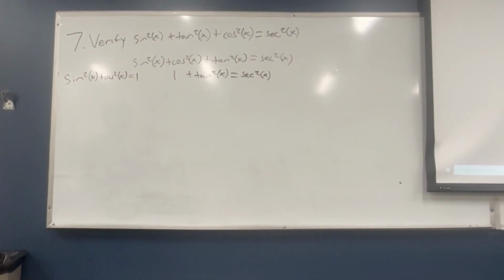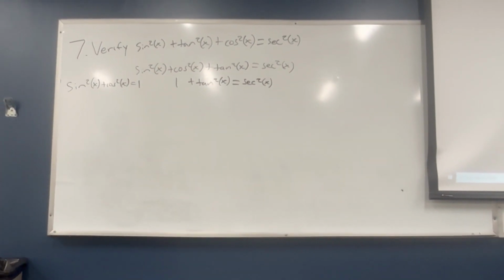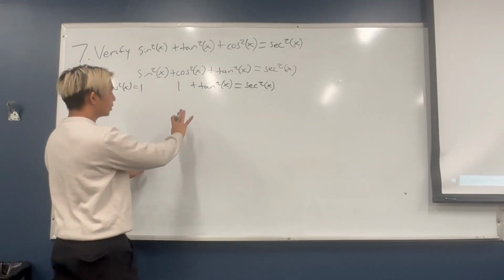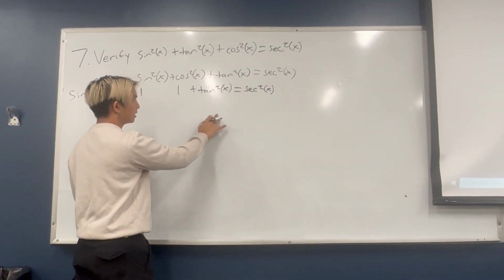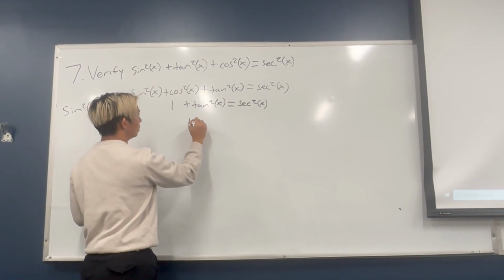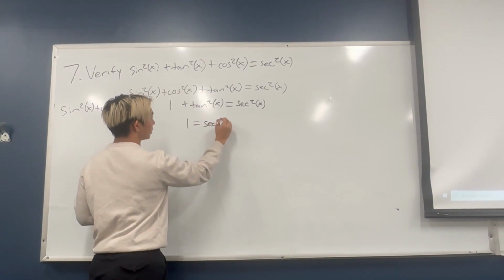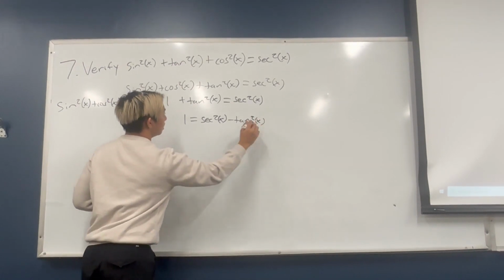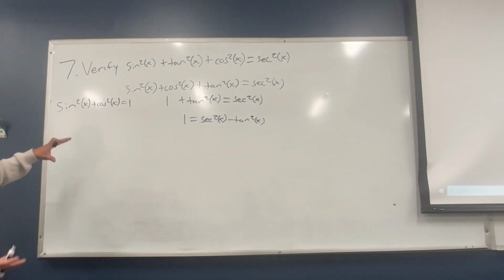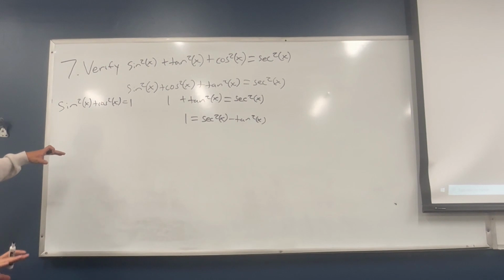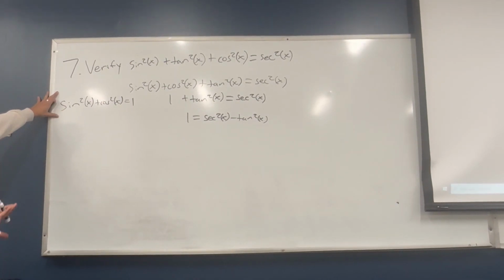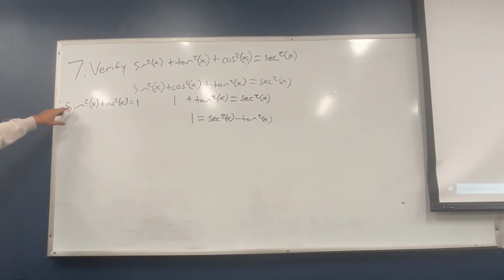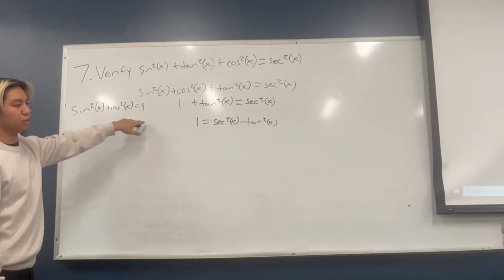Good. So now what, right? Now I'm going to go ahead and move this tan squared over here. So this becomes 1 equals secant squared of x minus tan squared of x. So a little trick, right? There are actually three trig identities in total. This is the most important one, I think everyone should remember. It's sine squared of x plus cosine squared of x equals 1.